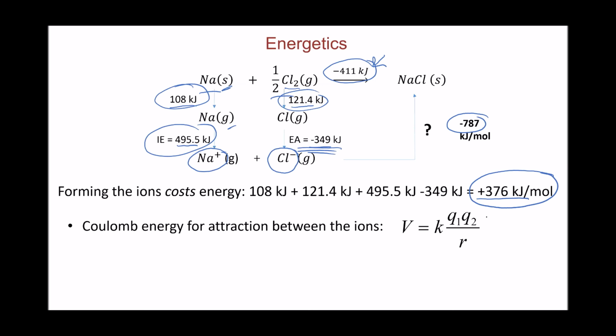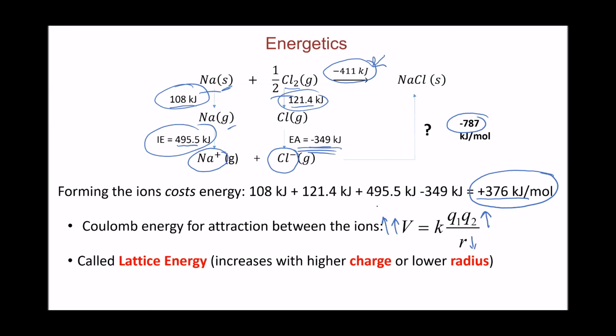and that decrease in energy is directly proportional to the charge of the ions. So the larger the charge on the ions, the greater the attraction, and it is inversely proportional to the size of the ions. So the smaller the ions involved, the larger the attraction will be. That attraction energy is called the lattice energy of the ionic compound.